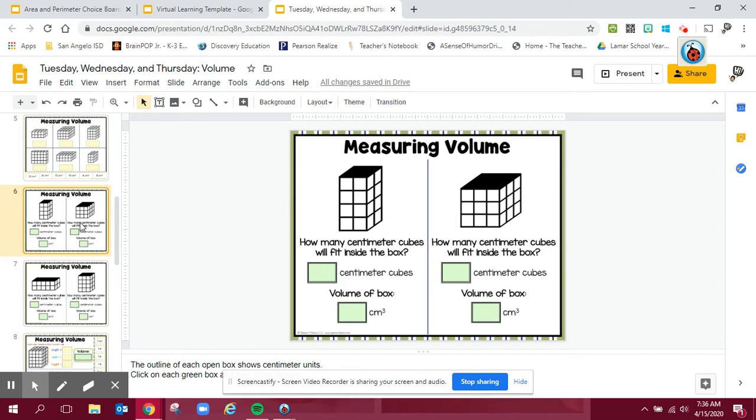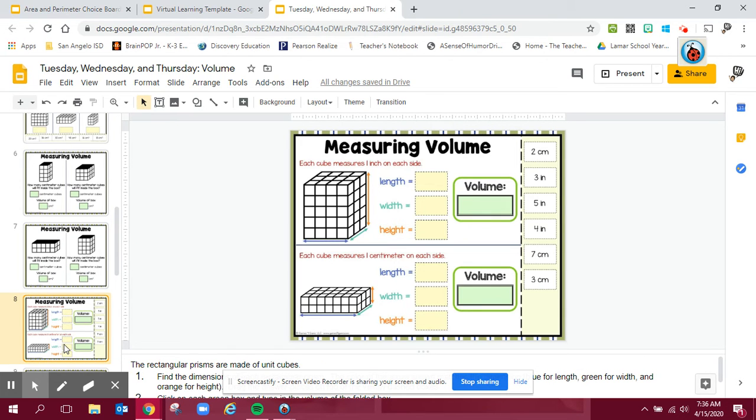Same thing here. You want to know how many centimeter cubes will fit inside the box. And then the last one, this time you're identifying the length, the width, and the height. And then after you've identified them, you're using your formula to find the volume. Okay?